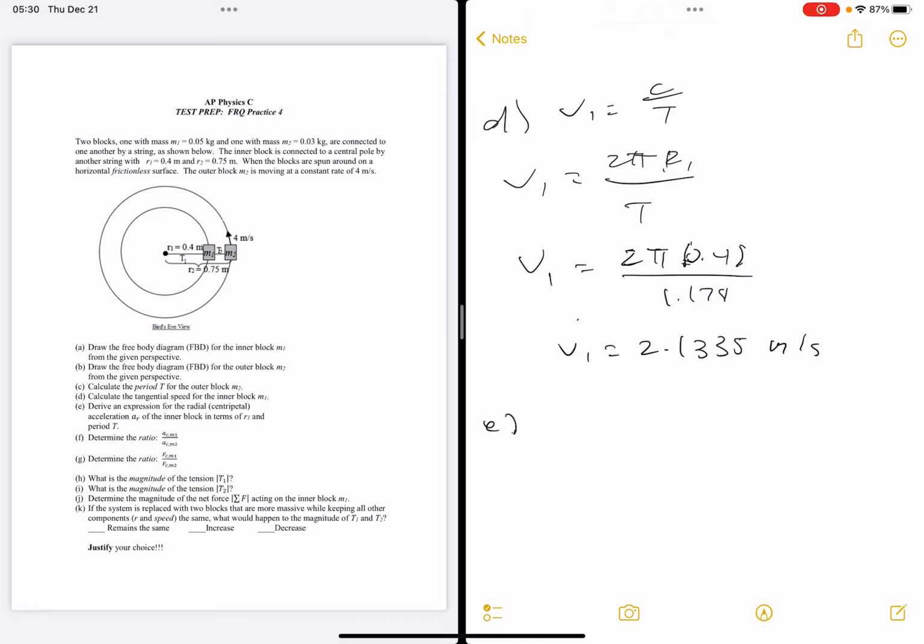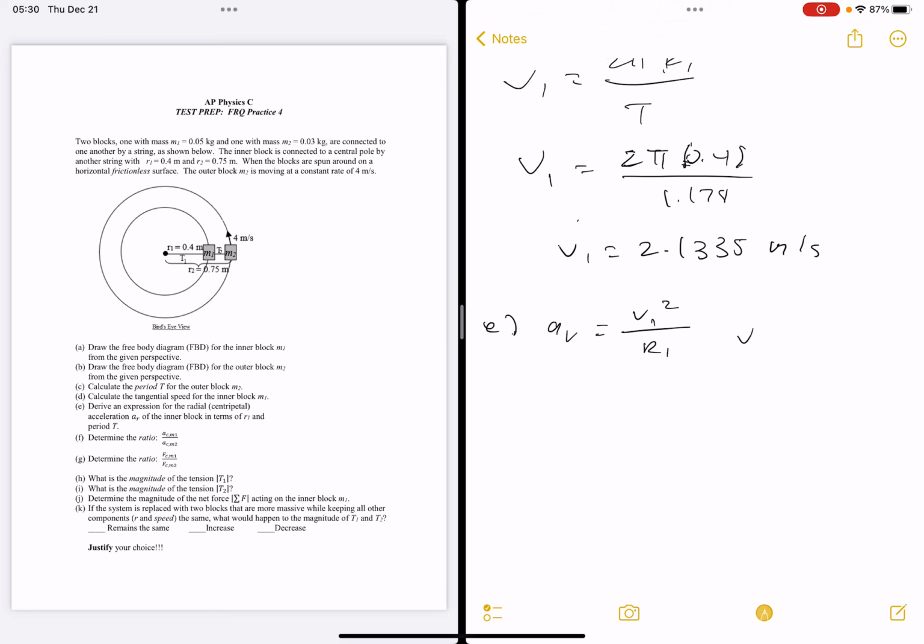E. Derive an expression, so it's AR equals V1 squared over R1. We know that V1 equals C over T, which equals 2 pi R1 over T. So that's just AR equals 2 pi R1 over T, the whole thing is squared, and all over R1.